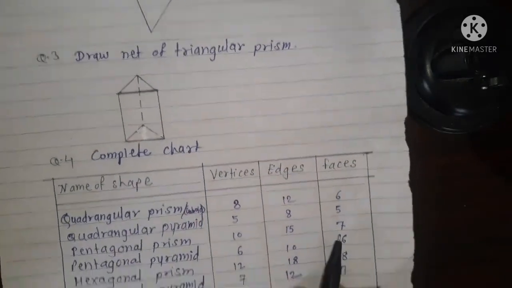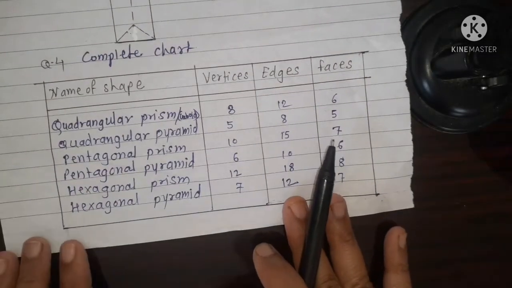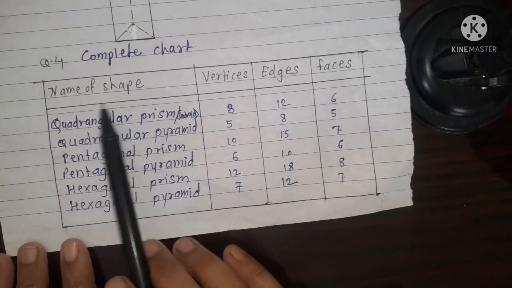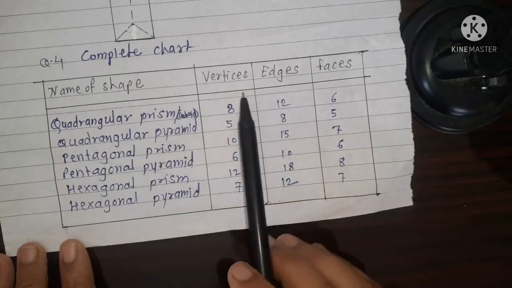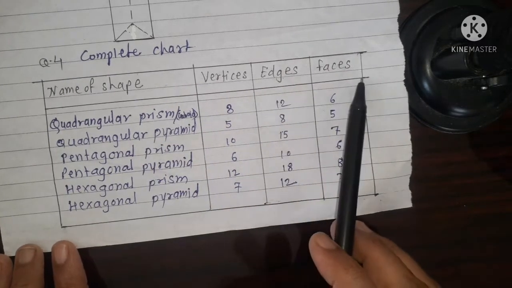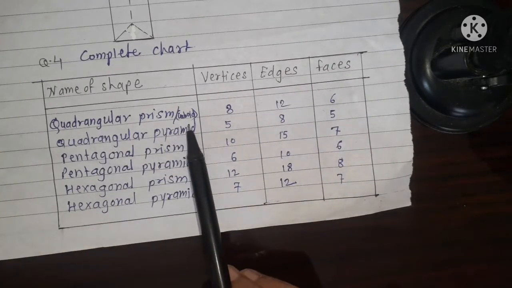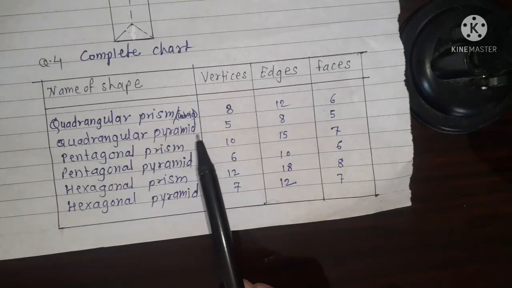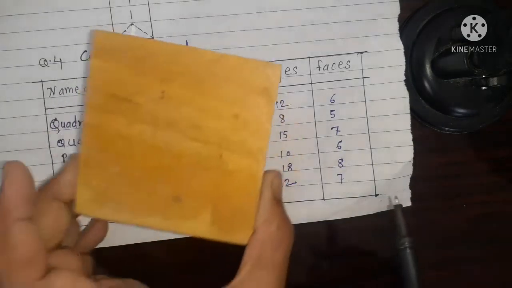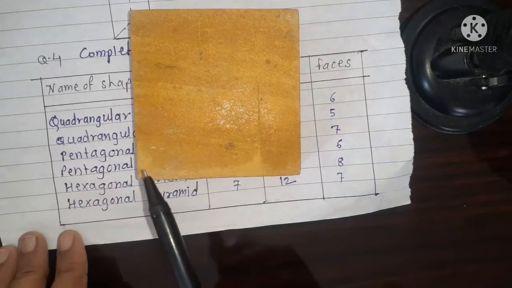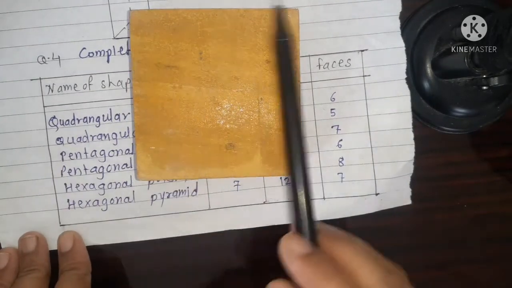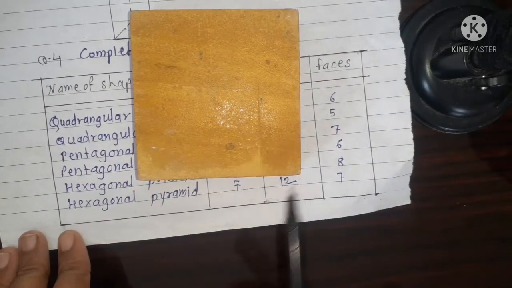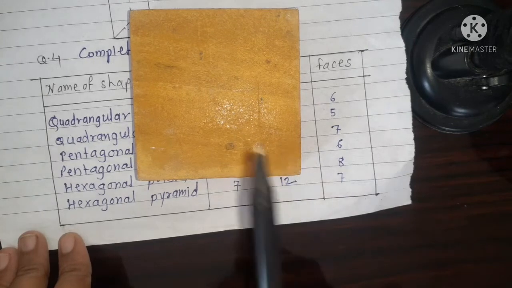Now question 4. Complete the chart. We are given the name of the shape and asked for vertices, edges and faces. First, quadrangular prism, that means cuboid. Here is a quadrangular prism. We can count the vertices: 1, 2, 3, 4, upper 4, lower 4, total 8.